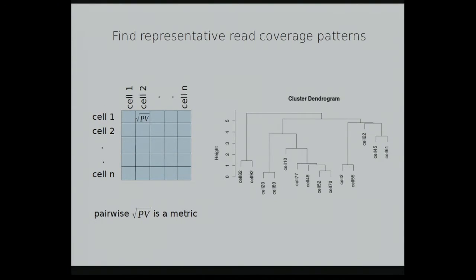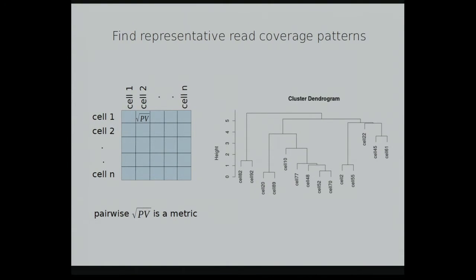Because across, for example, 100 cells, maybe there are 10 cells which share the same pattern, and then another 20 which share the same pattern. So I want to find all the representative patterns.